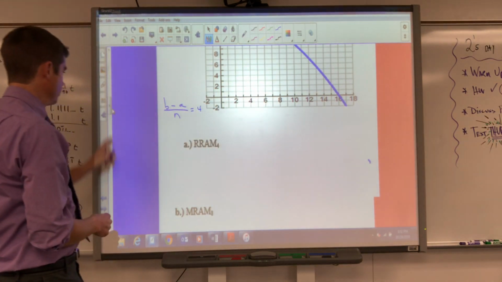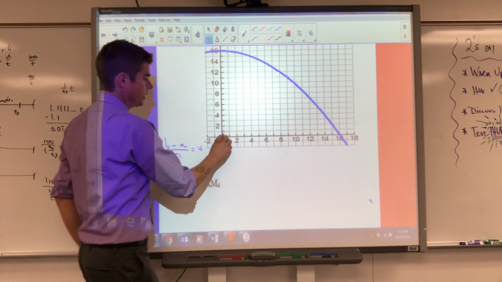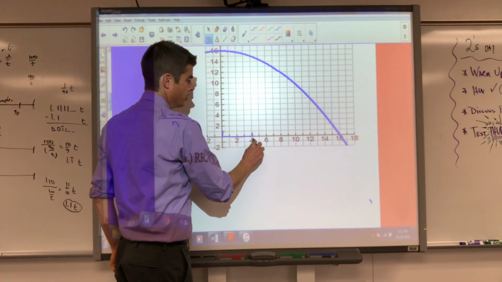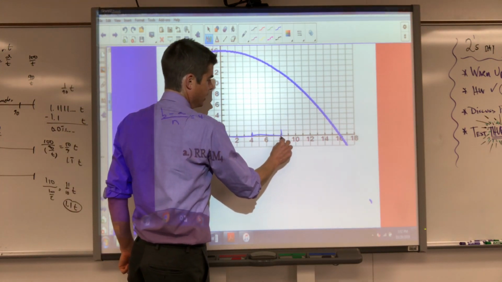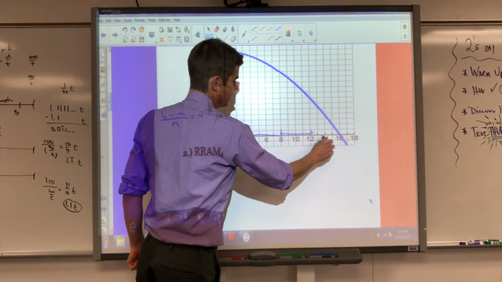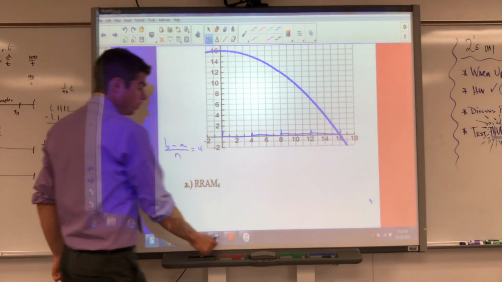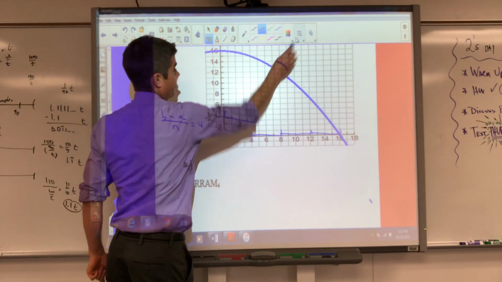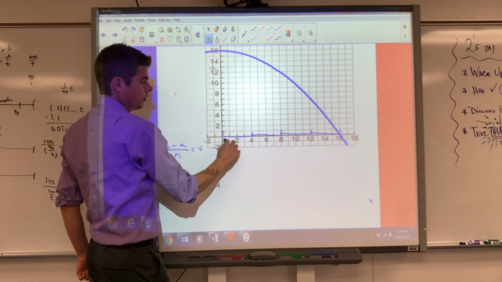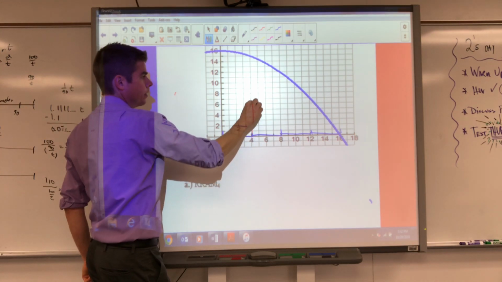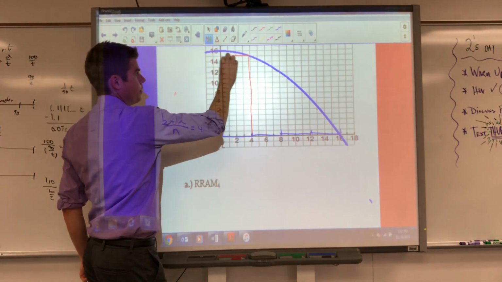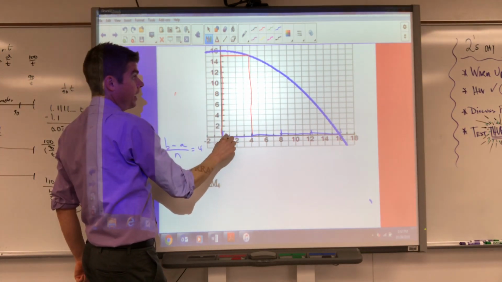So I would go from 0 to 4 as my first rectangle, 4 to 8 as my second one, 8 to 12, and 12 to 16. If I'm choosing the right side, then between 0 and 4 I pick 4. So I would go up, and there would be my first rectangle, and I'd want to find that area.